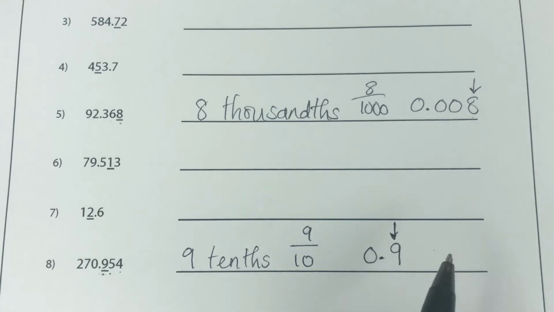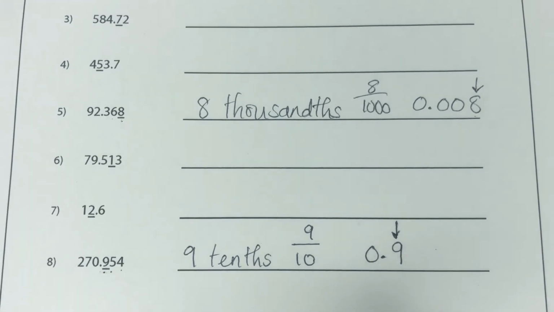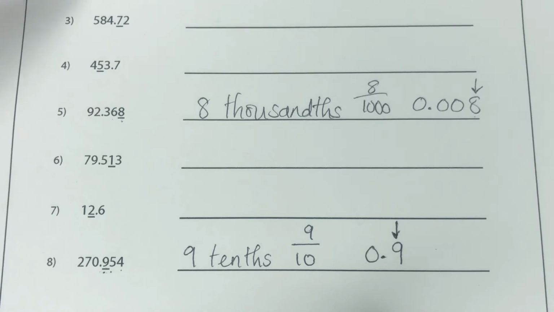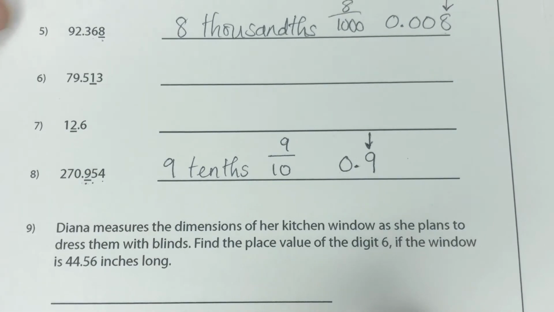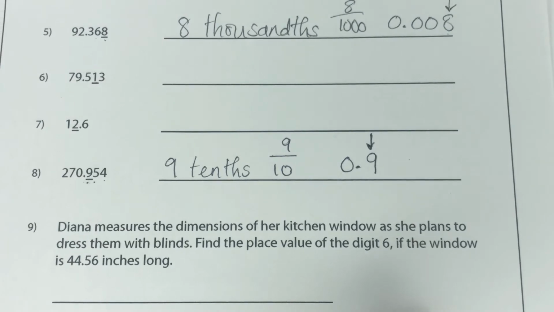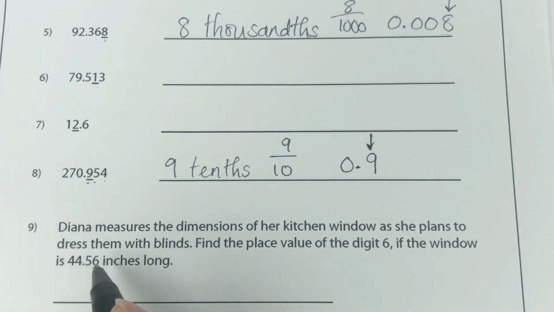All right, and let's do one more. They also have word problems down here. Let's do the first word problem. Diana measures the dimensions of her kitchen window as she plans to dress them with blinds. Find the place value of the digit 6 if the window is 44.56 inches long. So 44.56 inches, if you locate the 6, you will see that it is the second place after the decimal.